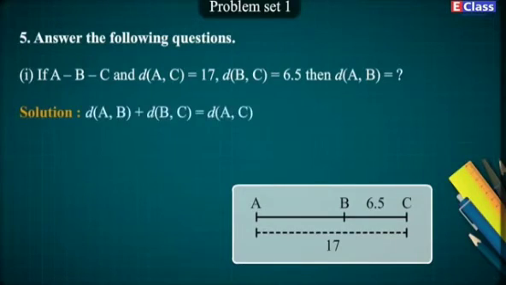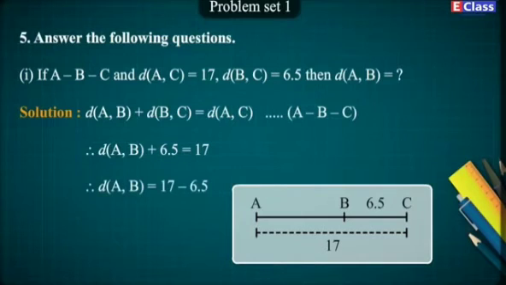Distance of AB plus distance of BC is equal to distance of AC, as A, B and C are collinear. Therefore, distance of AB plus 6.5 is equal to 17. Therefore, distance of AB is equal to 17 minus 6.5, which is equal to 10.5. Answer. Distance of AB is equal to 10.5.